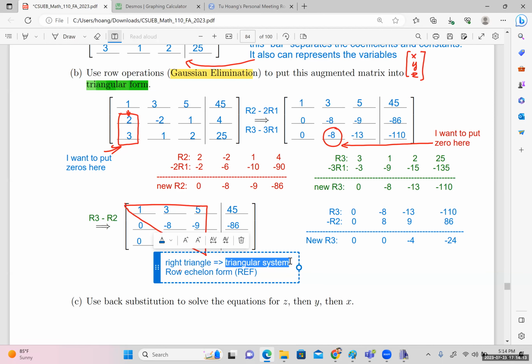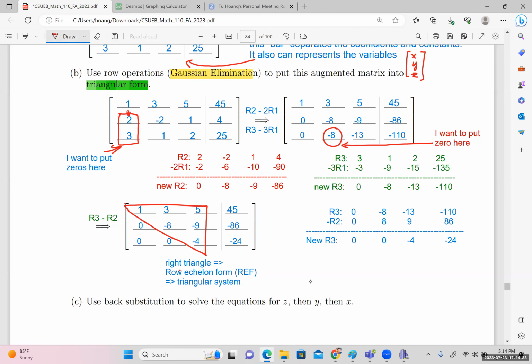After that we can go back to the triangular system, right? Okay. So let's convert this back to the triangular system. How to do that? You just use all the coefficients there.